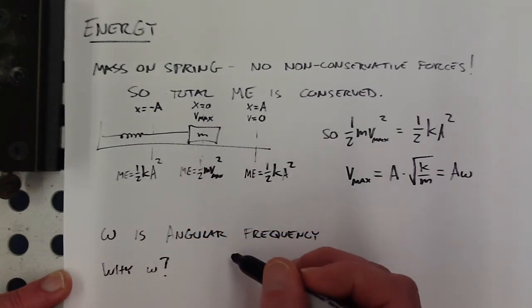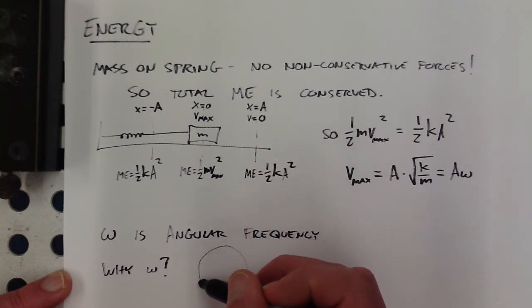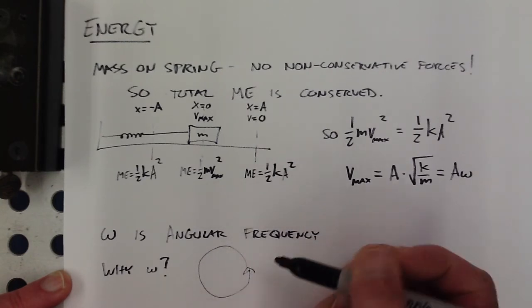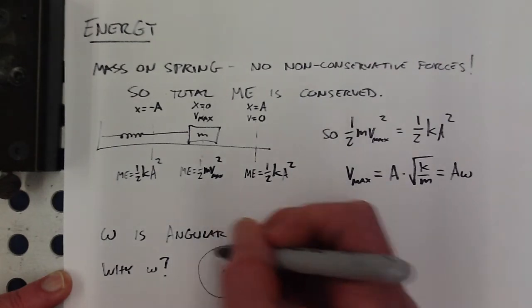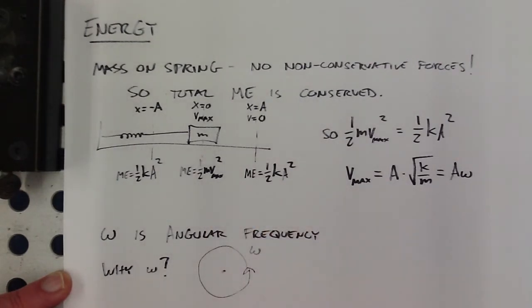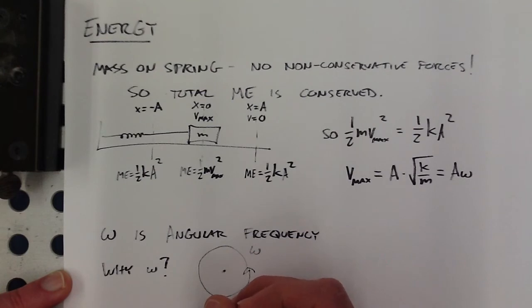consider this. Consider an object in a uniform circular motion with angular velocity of omega. And then consider like the shadow of that, or only like the x coordinate of that.